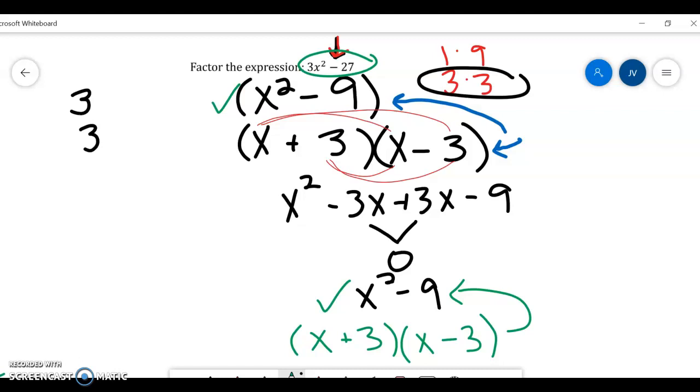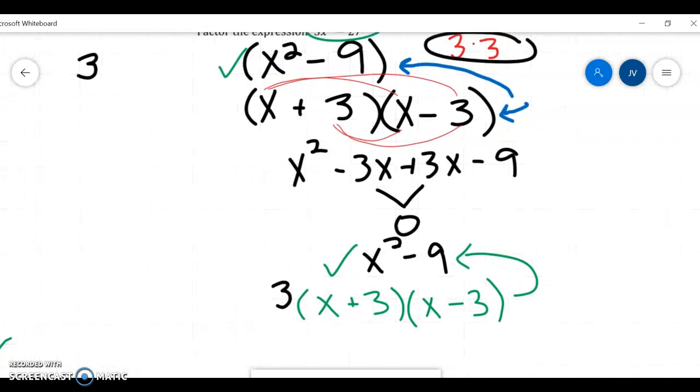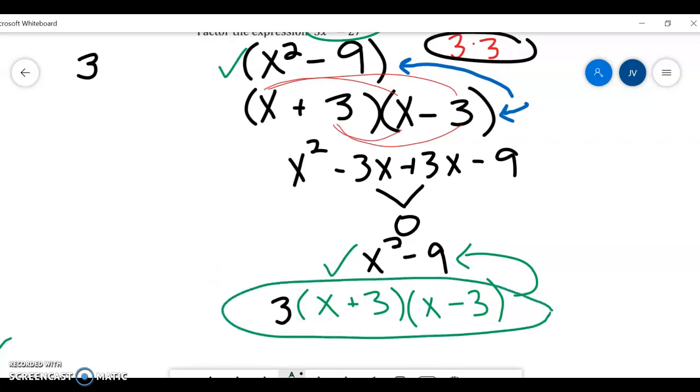So the only thing that we're missing here is this 3. We're missing our 3 right here. This whole thing, if I multiply it all together, I will get my answer. So let's try it, okay?